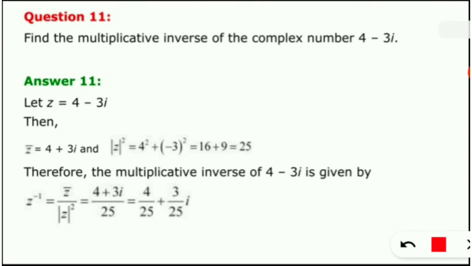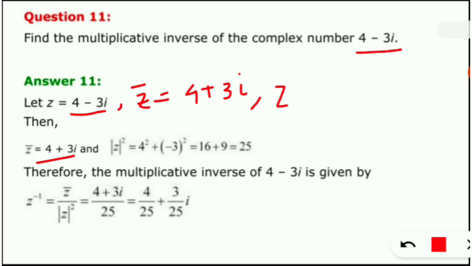Find the multiplicative inverse of the complex number 4 minus 3i. Same as before, let z equal 4 minus 3i, so the conjugate of z, z bar, is 4 plus 3i. After that mod z. Listen students, this is the z bar, but here we take mod z, that means the given z.